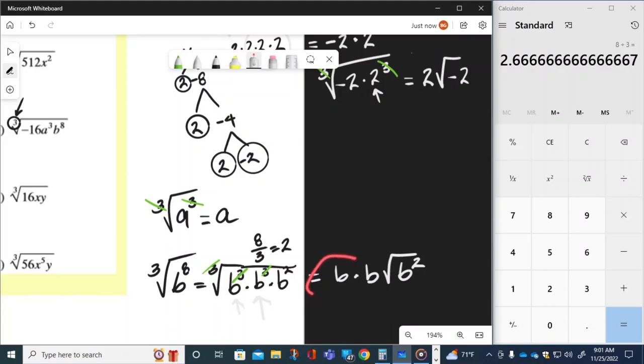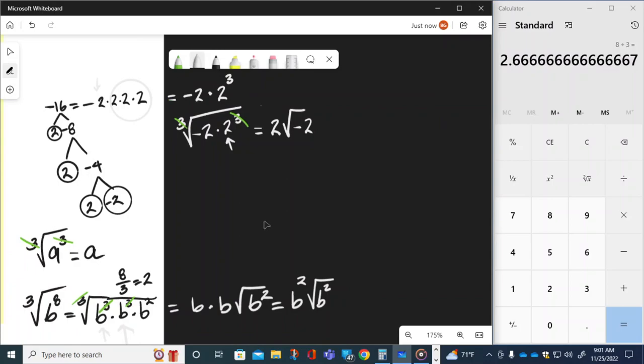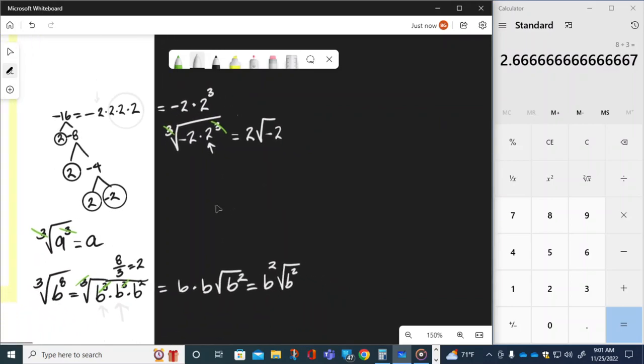Now, these two you can combine into one, right? Because you can say that this equals B to the power of 2. And that's exactly what we're gonna do to finish the exercise, okay? So you got B to the power of 2, and then B to the power of 2 that stayed in jail, okay?